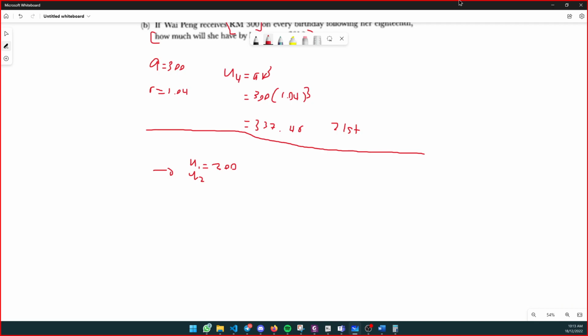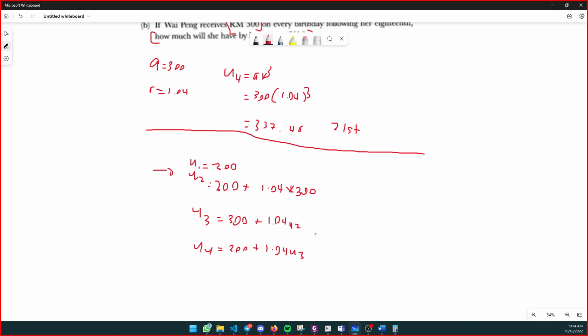Okay, so U2, after the first year, will be 300 plus 1.04 times 300. Then U3 will be 300 plus 1.04 U2, and U4 will be 300 plus 1.04 U3.